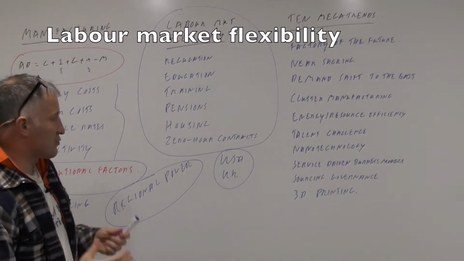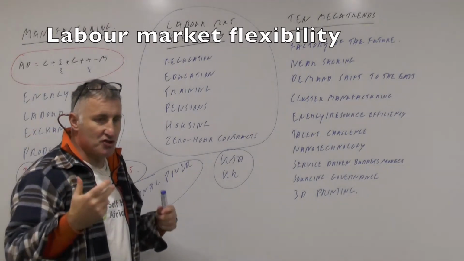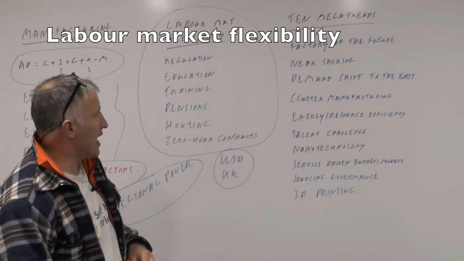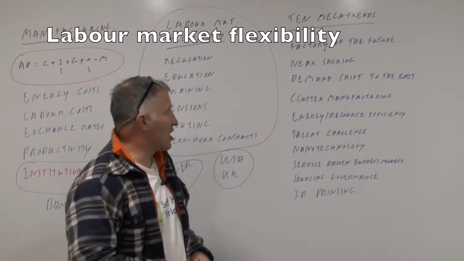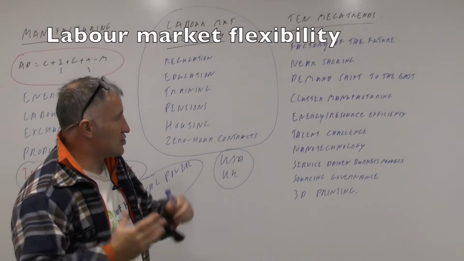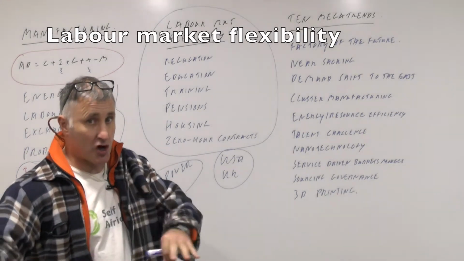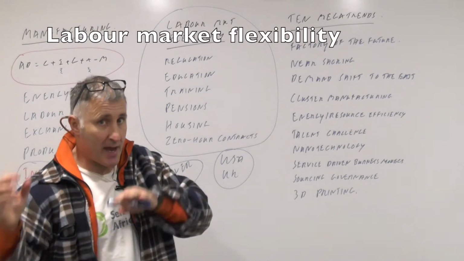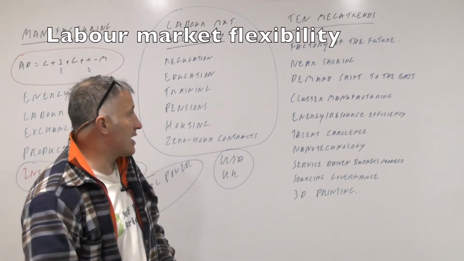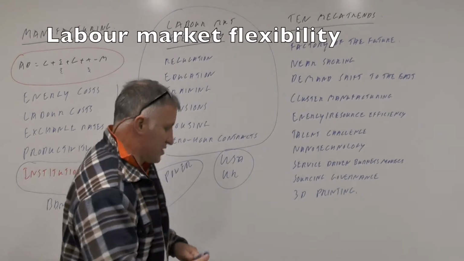Also in relation to this, we have to look at the 10 major trends that are occurring in the world right now. We can look at factories of the future, nearshoring, which is the old manufacturing system coming home maybe from China to Eastern Europe, but some of that may actually be coming all the way back to the UK. There's a big demand shift obviously to the east.